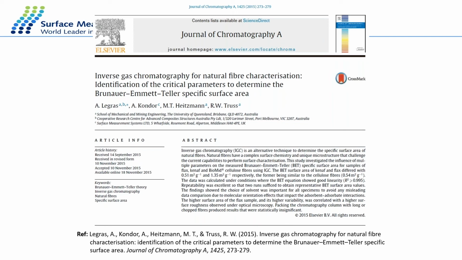So we also chopped the fiber once, and repacked the column with the chopped fibers. But normally we used a very long fiber. So I strongly recommend this publication if you are interested in BET surface area studies.